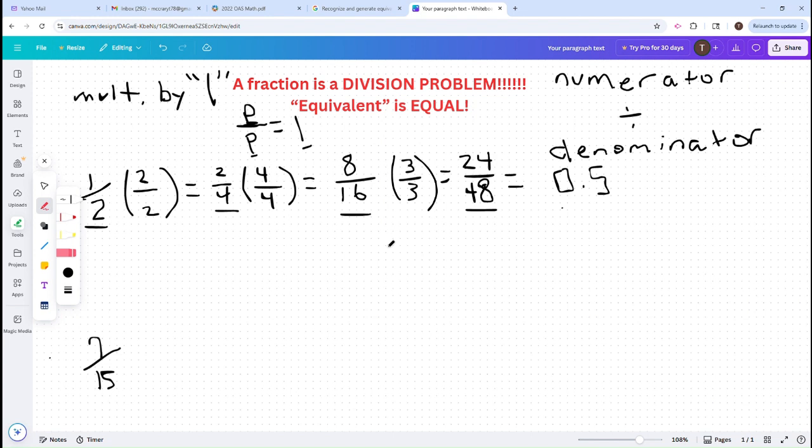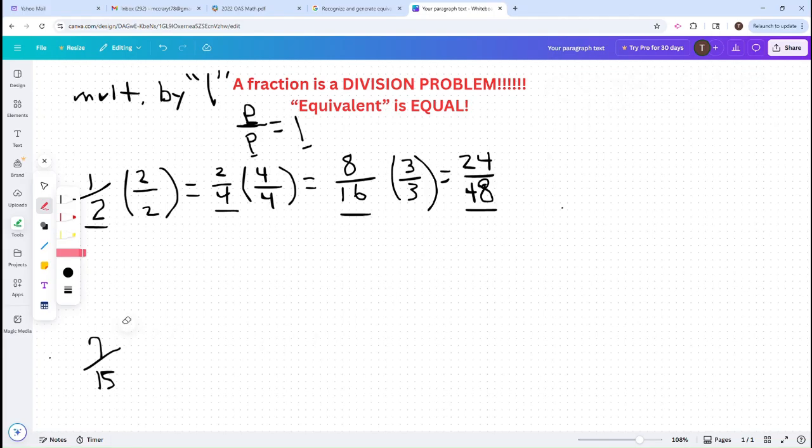The thing is, if you had this as an answer, us as math teachers aren't going to count that as correct because both of the numbers in the fraction, 24 and 48, have common numbers you can multiply to get them.